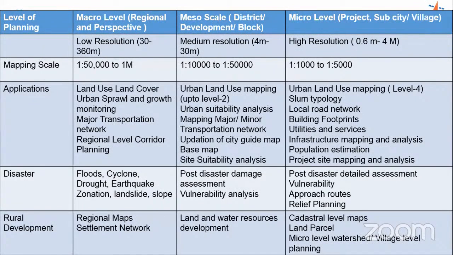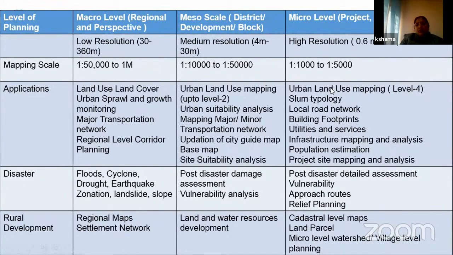So now this is not a summary, but an indicative list of the different applications which can be carried out using your remote sensing data at different resolutions. We have seen 30 meter to 360 meter data, like Landsat data, 24.5 meter data.